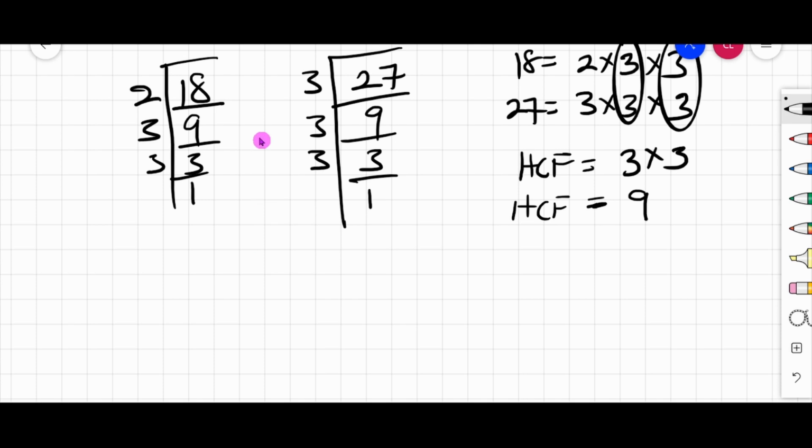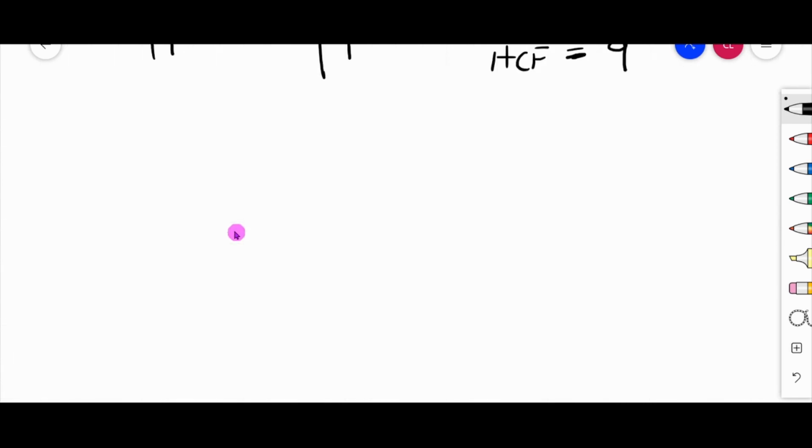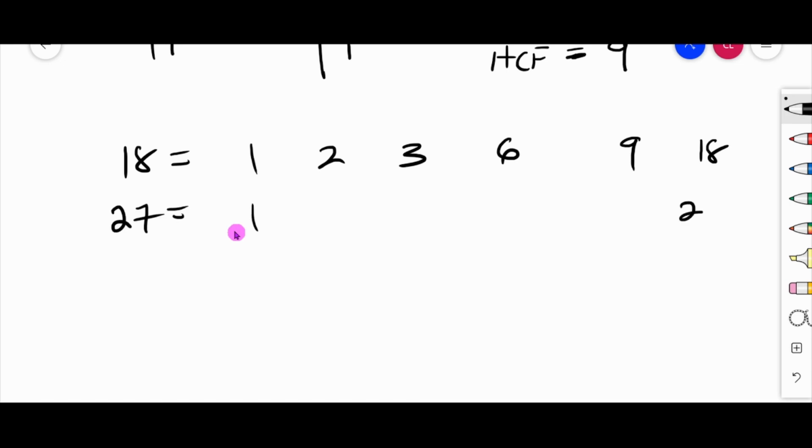All right, let's look at this once again using our listing. So we have 18: 1 and 18, then 2 and 9 would give you 18, and 3 and 6 would give you 18. Then we have 27: 1 and 27, and then 3 and 9.